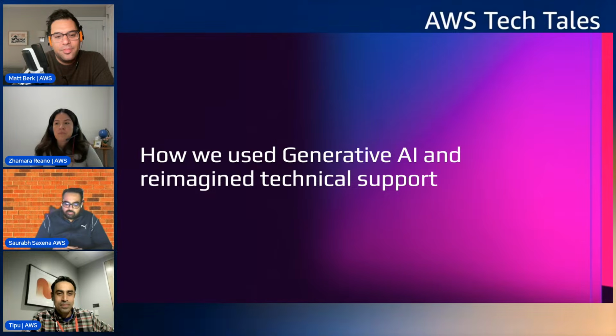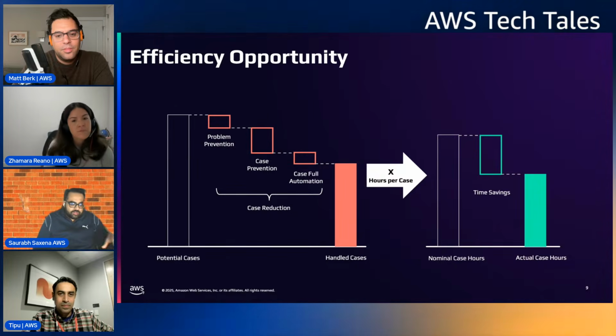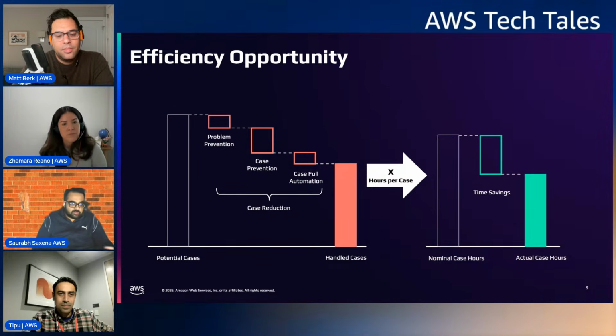So as we go through, I think we're going to share how we use Gen AI, but let's talk about efficiency, right? If you look at this slide that you see here, for ages we have been doing problem prevention, right? If customers submit cases, we've been looking at, oh, these are the chronic problems. The customers are talking about this problem a lot.